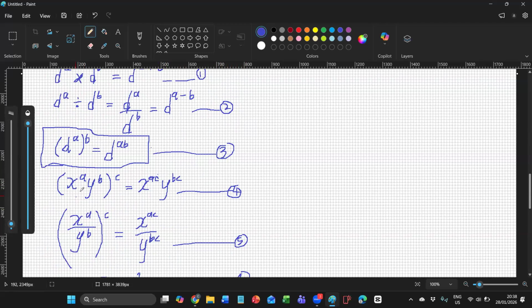Do you remember law 4, the one that says x raised to the power of a times y raised to the power of b, all raised to the power of c? Good. So we're about to apply it. I want you to look at the law carefully.